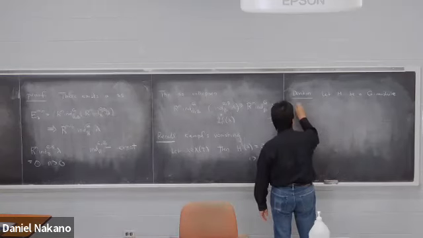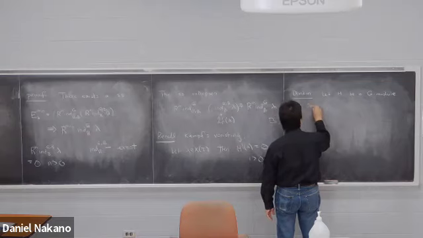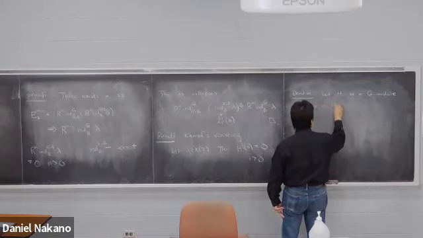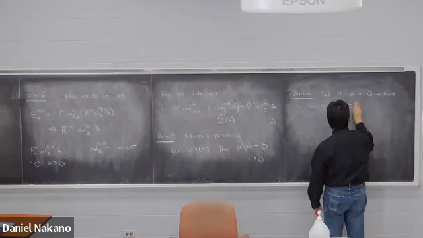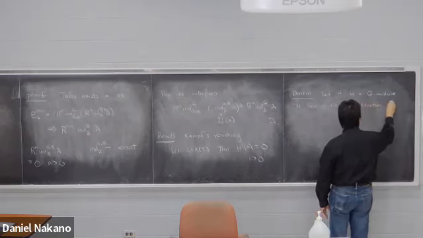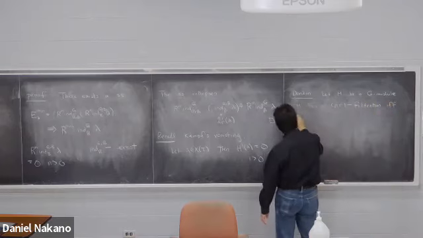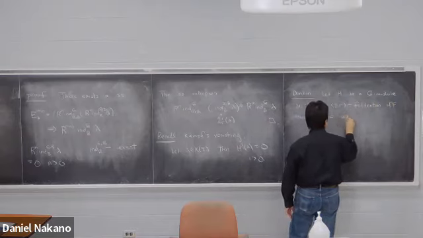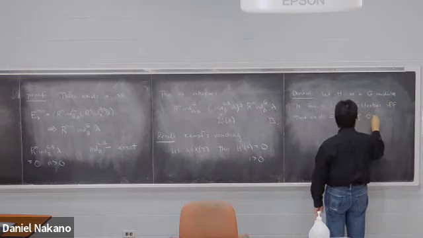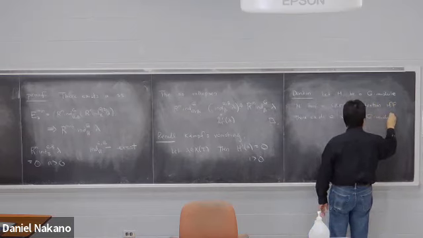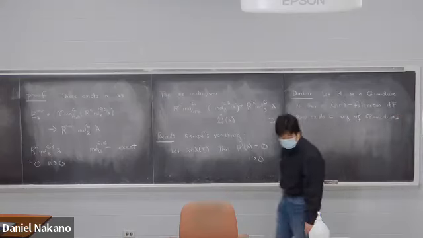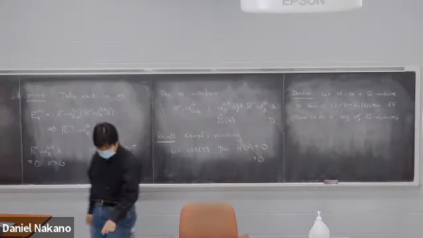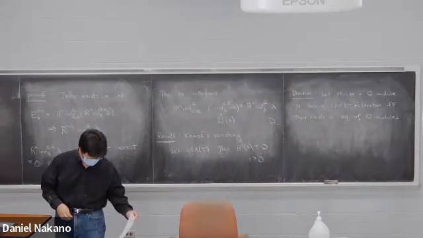So M has a P_r filtration if and only if there exists a sequence of P-modules. So let's see, how am I going to label this? I want to label it so it's at least consistent with what I have.